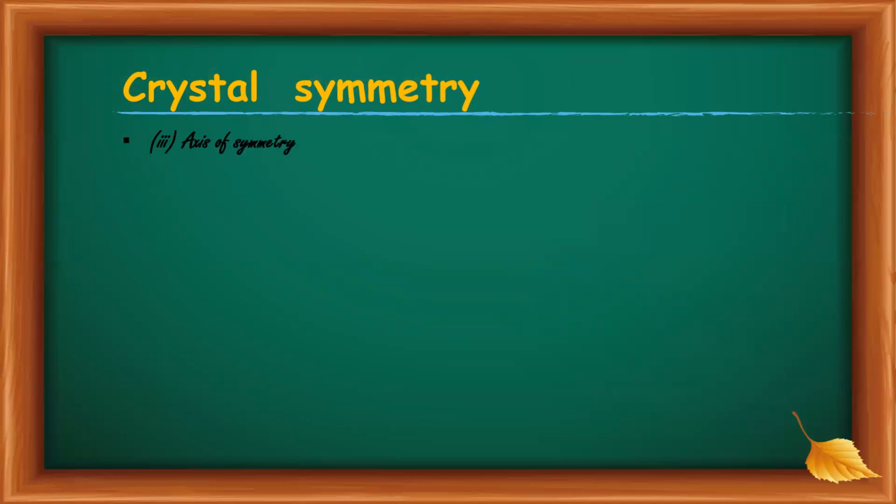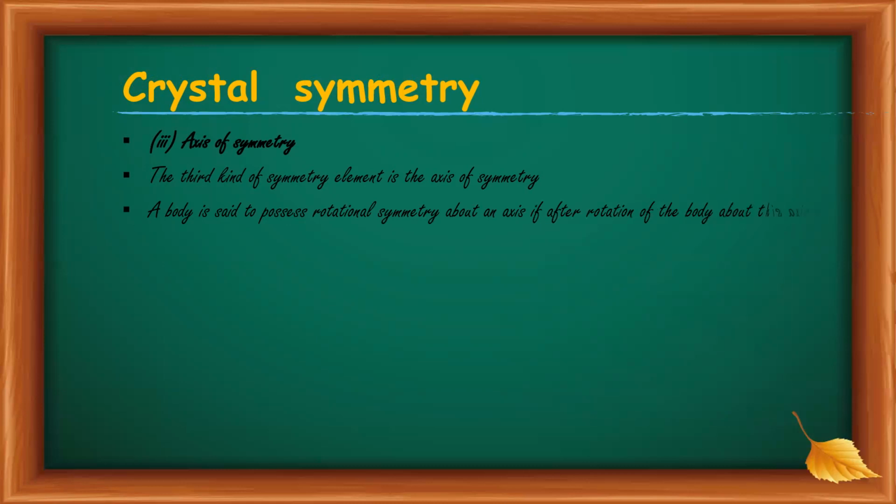Then the axis of symmetry. A body is said to possess rotational symmetry about an axis if, after the rotation of the body about this axis by some angle theta, the body appears as it did prior to rotation, or the body is left invariant as a result of rotation.